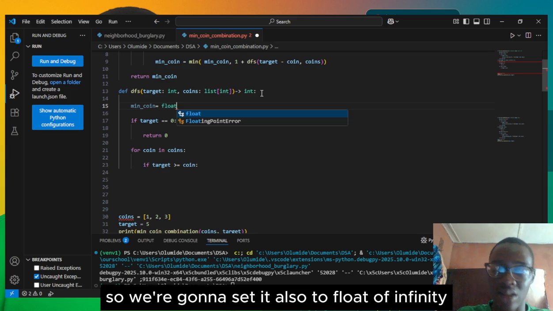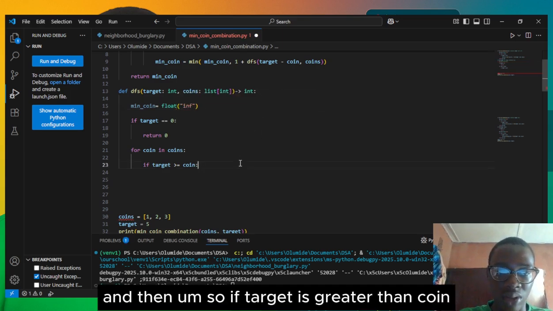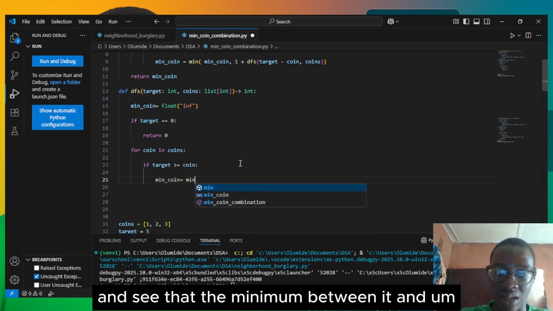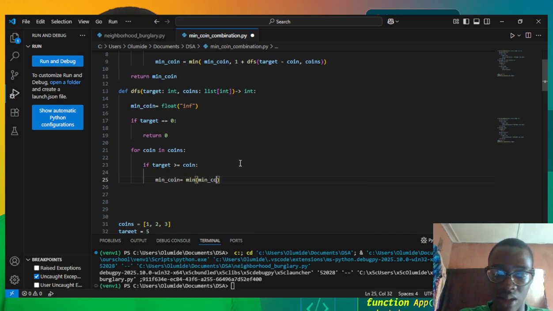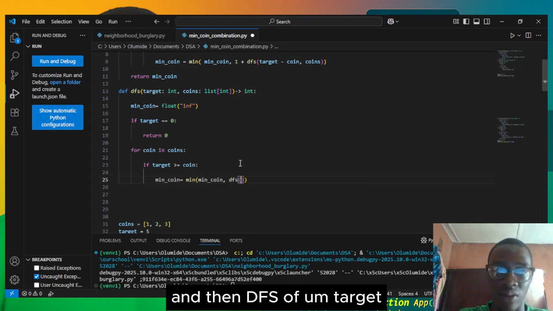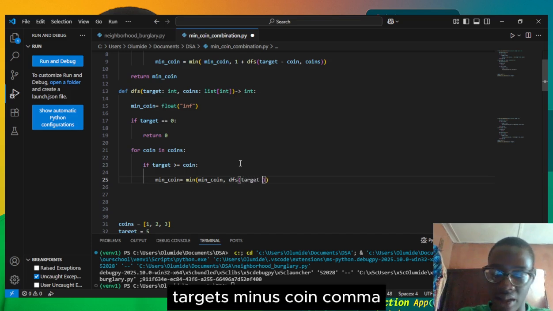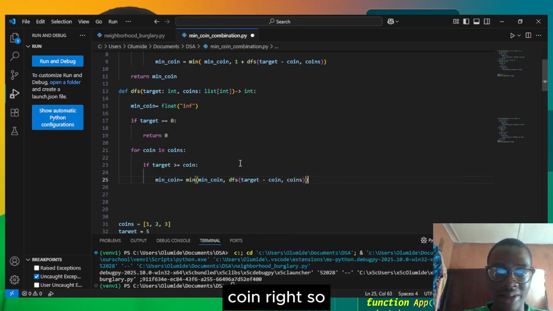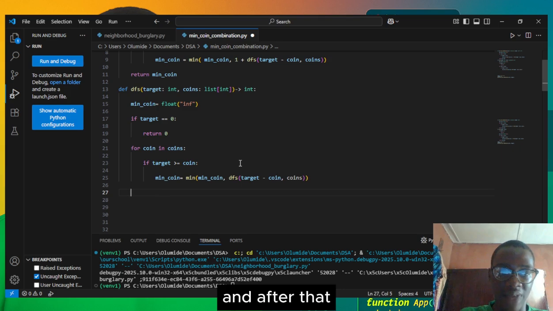So we're going to set it to float of infinity, and then if target is greater than or equal to coin, we want to keep track of the minimum coin, taking the minimum between it and DFS of target minus coin, comma coins.